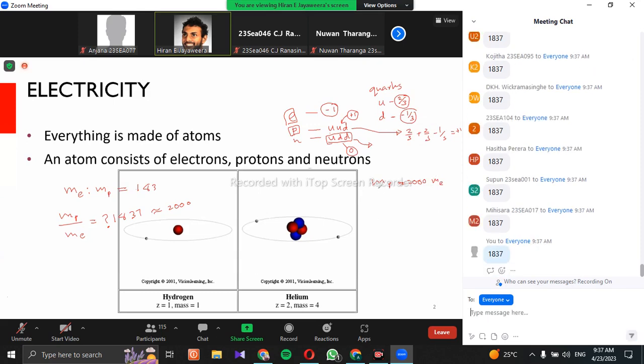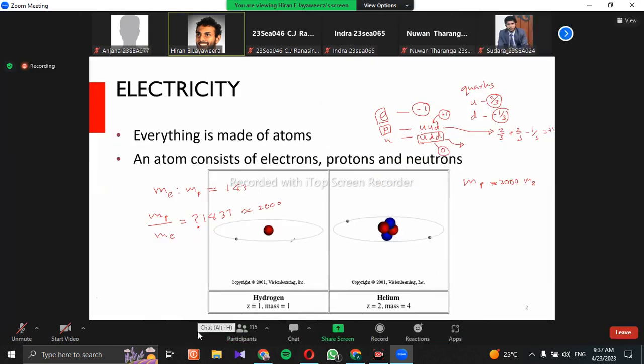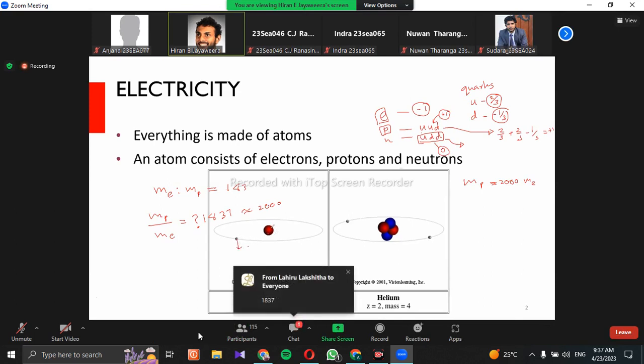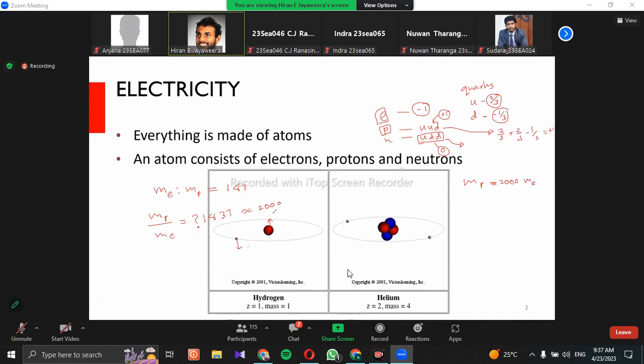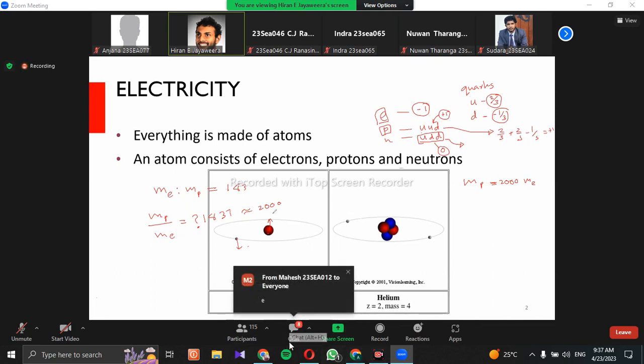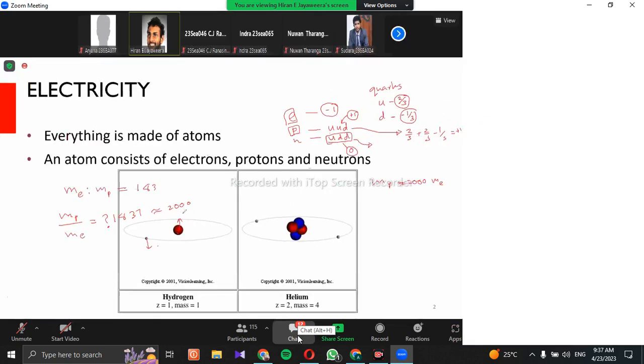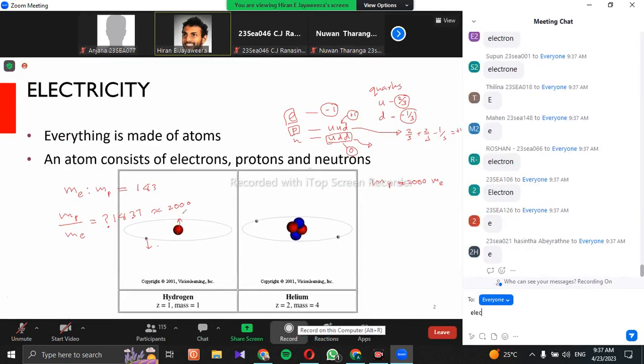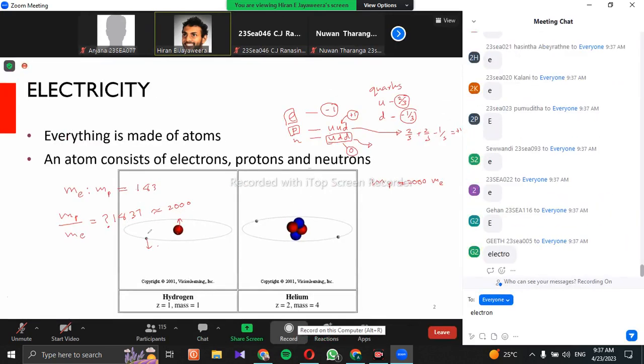Now let's say you want to move, from this hydrogen atom, either the electron or the proton. What is easier to move? Is it electron or proton? Right. Most of you say it's electron. Everybody says it's electron that you can easily move.